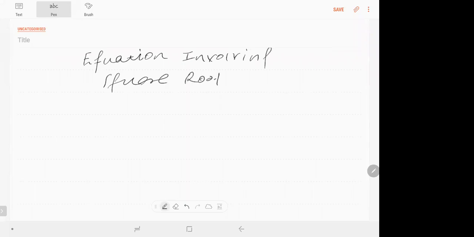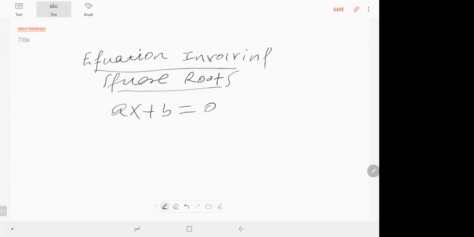Okay. So before we see what we mean by an equation involving square roots, let me remind you about linear equations, because you already learned about linear equations in grade 7 and in your lower grades. Any equation written in the form ax plus b is equal to 0 is considered a linear equation.